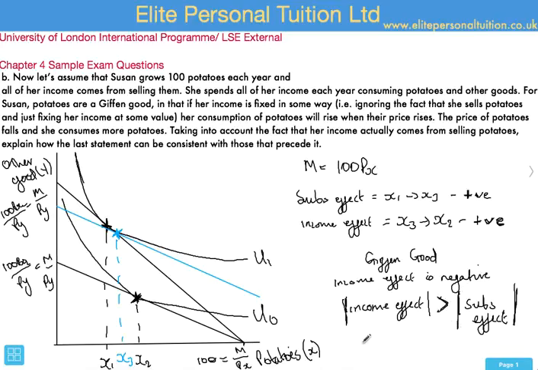So if this is a Giffen good, you'd expect us to consume less when the price fell. But in this case, we're actually consuming more.